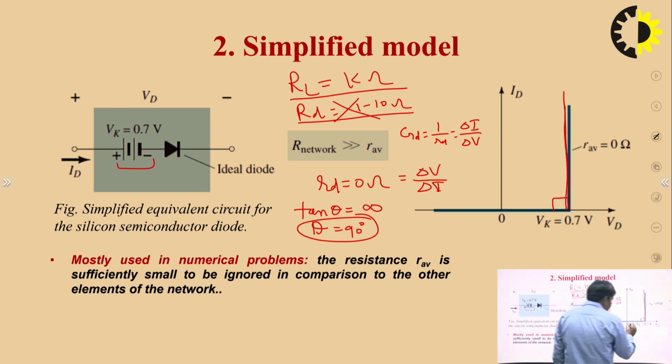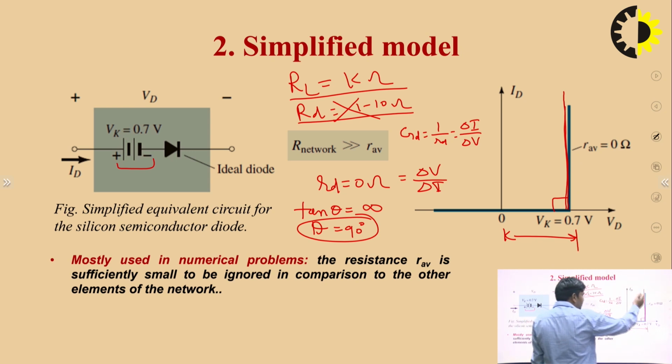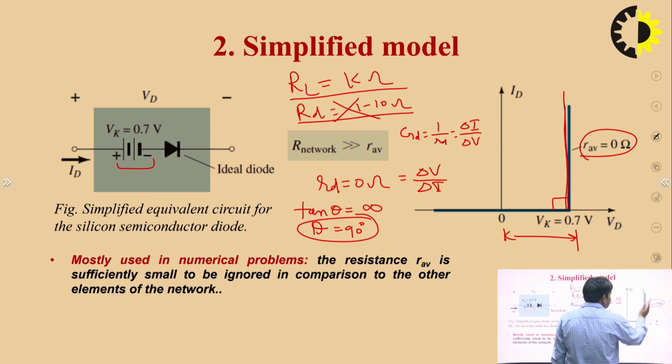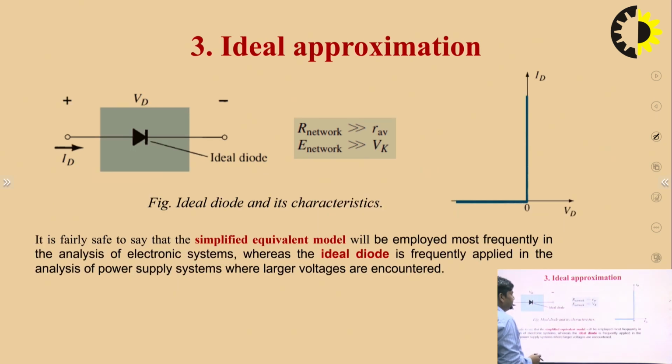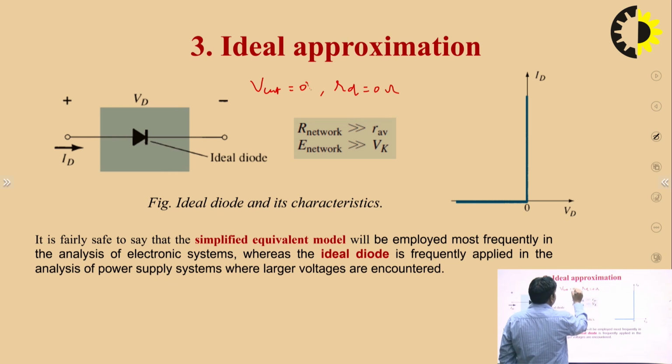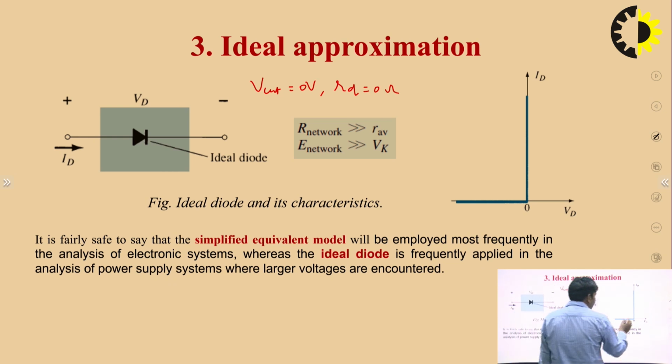This is the cut-in voltage, the voltage where the diode starts working, but no slope is here, so this line is a straight line. But in the ideal case, the cut-in voltage and the resistance of the diode should both be 0, so the characteristic is shifted here, and the cut-in voltage is 0. That means the diode starts at 0 volt and gives infinite current in forward bias.